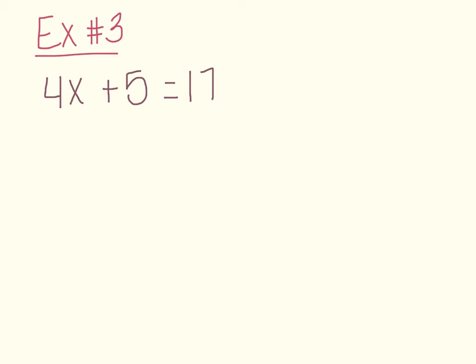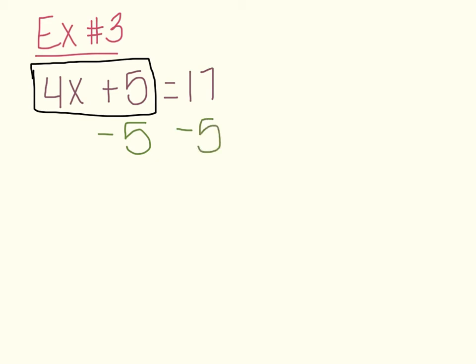Example 3. So we have 4x plus 5 equals 17. So we're trying to get rid of everything that's on the same side as the x. So we'll start with the plus 5. So the opposite would be subtracting 5. This side crosses itself out, and we're left with 4x.